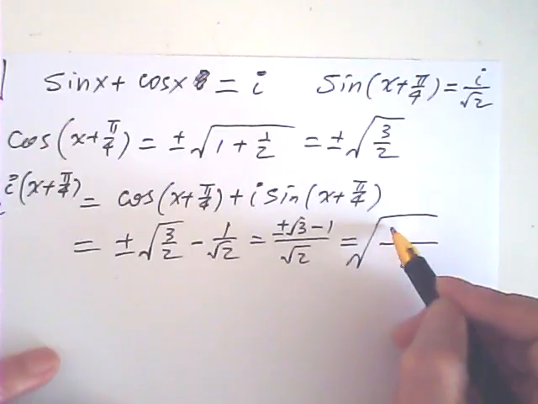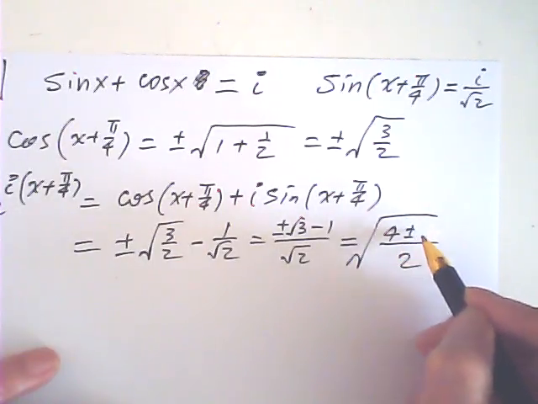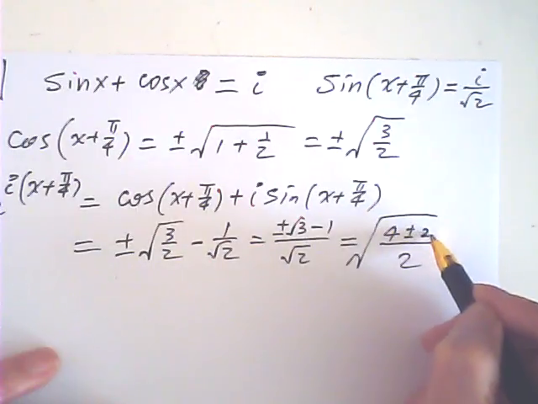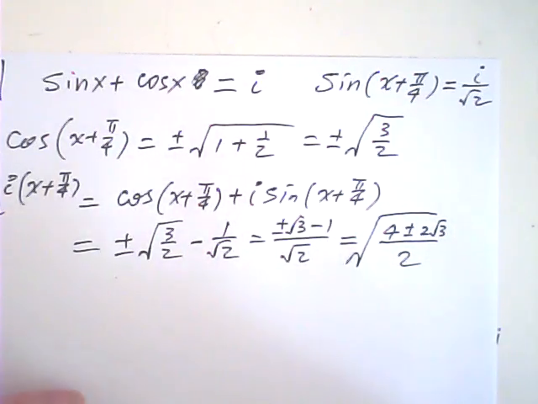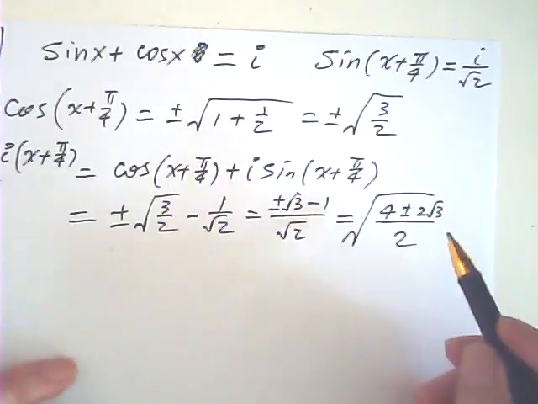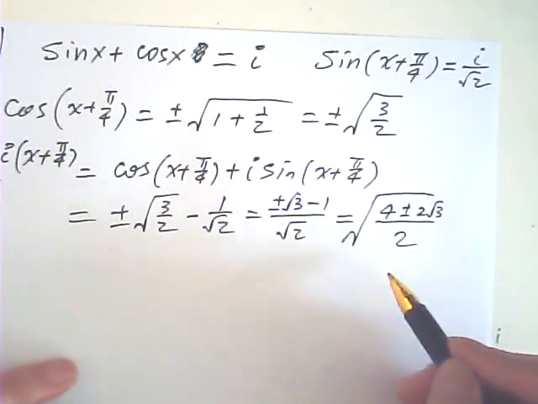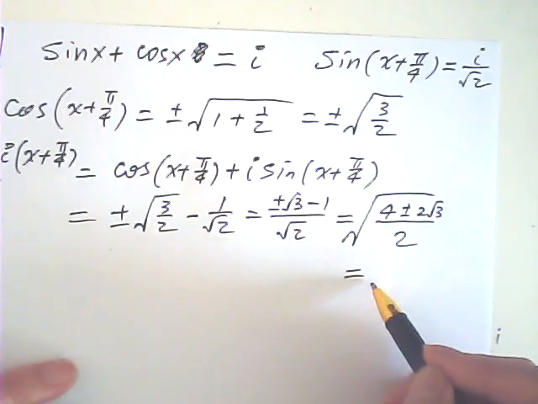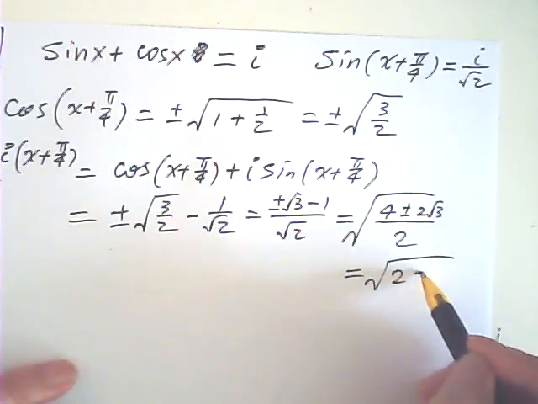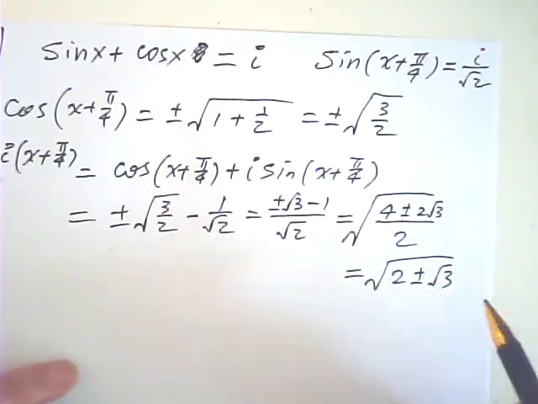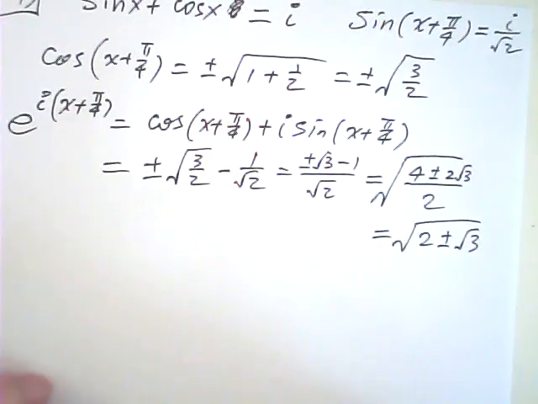Okay, this is equal to 4 plus or minus 2 root 3. Yeah, good. Now then this one is equal to 2 plus or minus root 3. Okay, good.